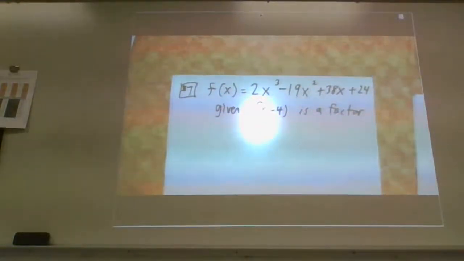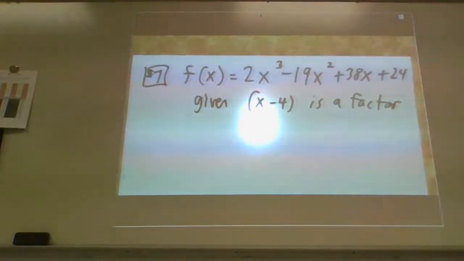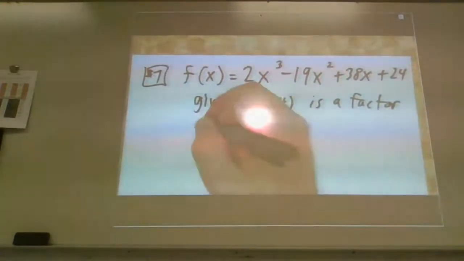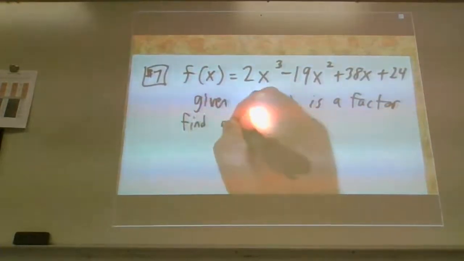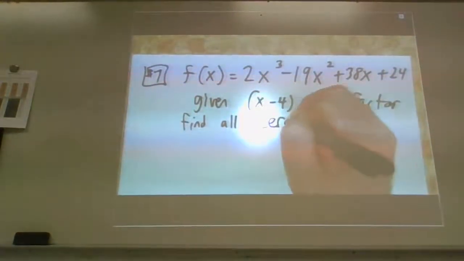So this is what they give you. I would write that down. Find all zeros given that x minus 4 is a factor.